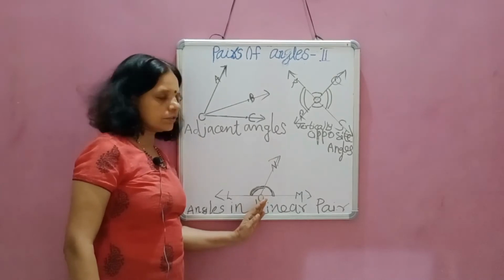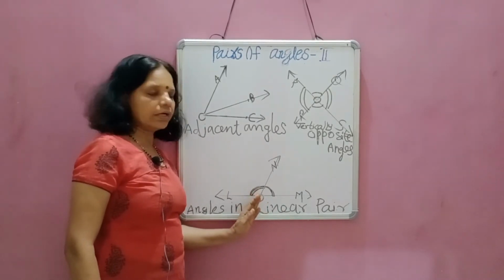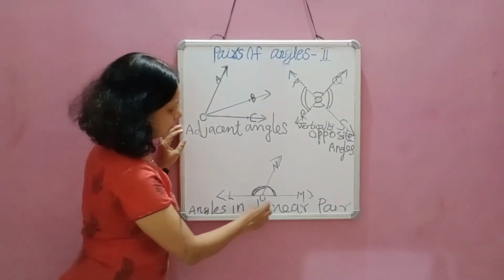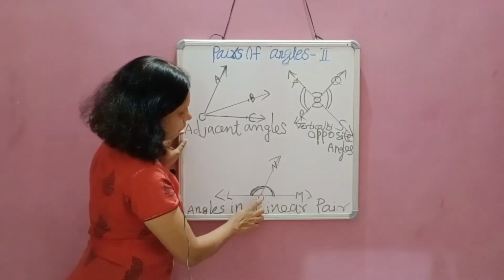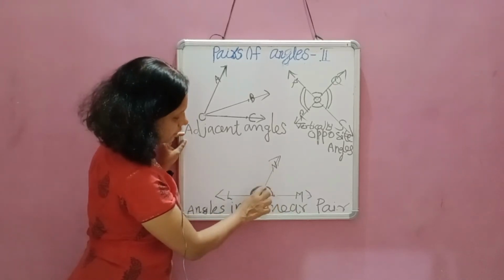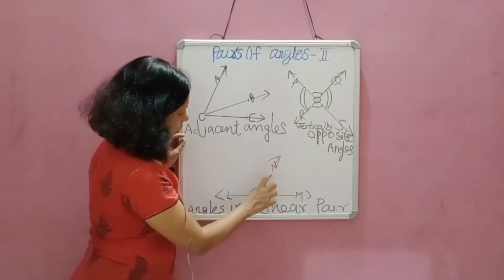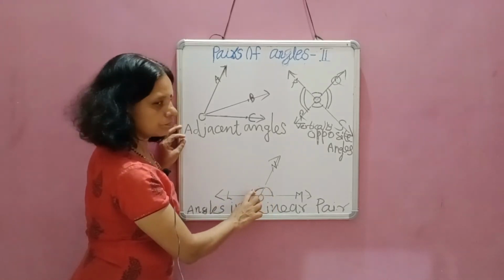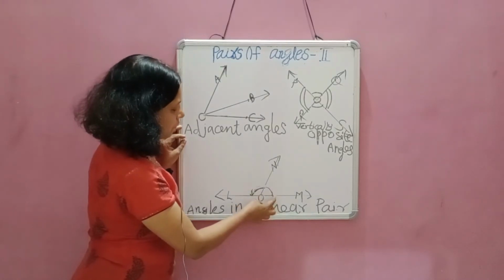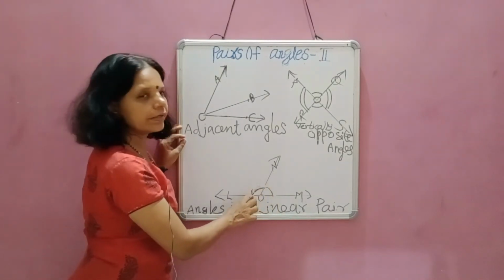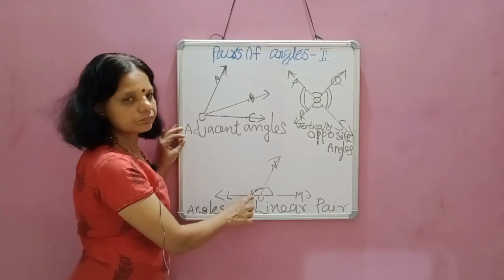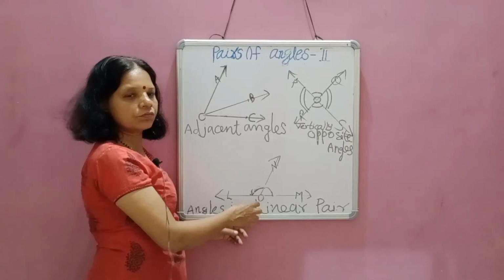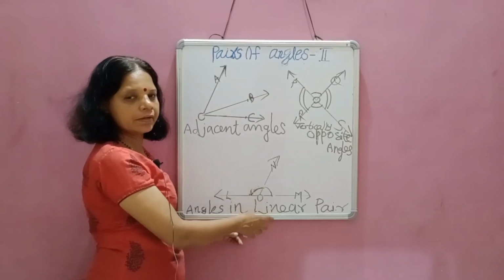Now comes the measure of angles in linear pair. See, when you add angle MON, that is this much, and angle NOL, what is completed? It started from here, 0 to 180 is completed. So what is the relation of the measures of two angles in linear pair?